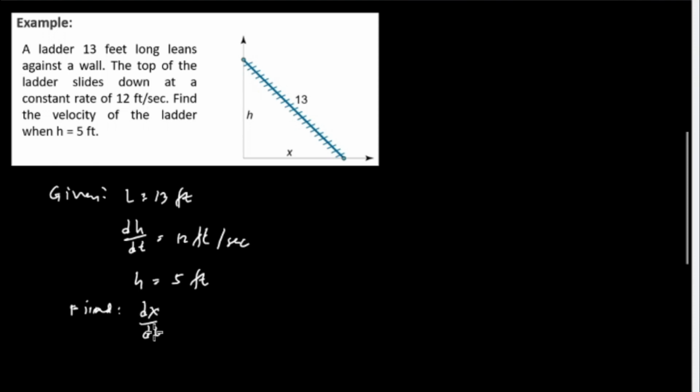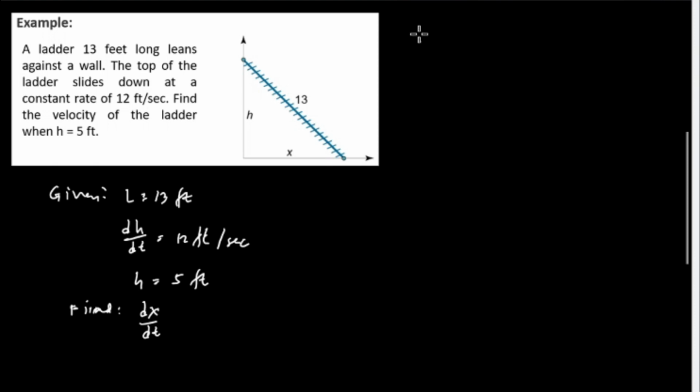So we have the given. The length of the ladder, which is 13 feet, and the constant rate, which is dh over dt, which is equal to 12 feet per second. And when the height approaches 5 feet, we need to find the velocity of the ladder, which is dx over dt.